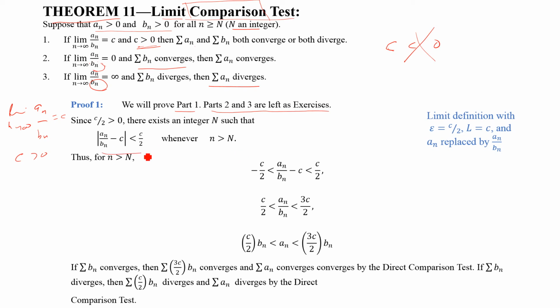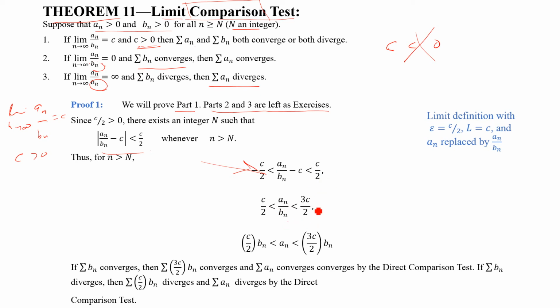So what does this mean? This inequality can be written as minus c by 2 is less than a_n over b_n minus c, which is less than c by 2. Now just add c to every term of the inequality. By adding c here we have c by 2, by adding c here we are left with a_n over b_n, and by adding c here we have 3c by 2.